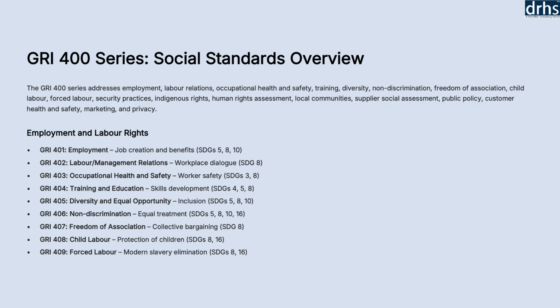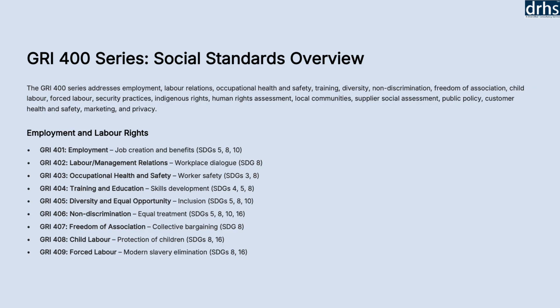GRI 403, Occupational Health and Safety, addresses workplace injury prevention, health management systems, and worker well-being, aligning with SDG 3. GRI 404, Training and Education, captures skill development, lifelong learning, and employability, reinforcing SDG 4.